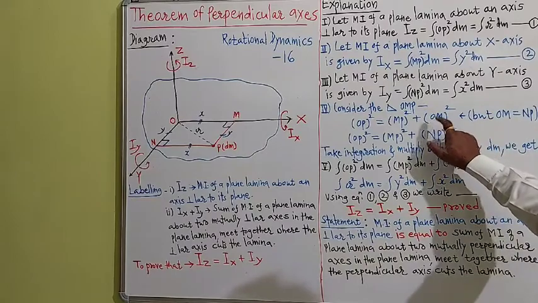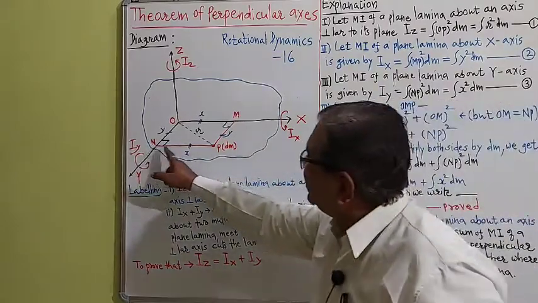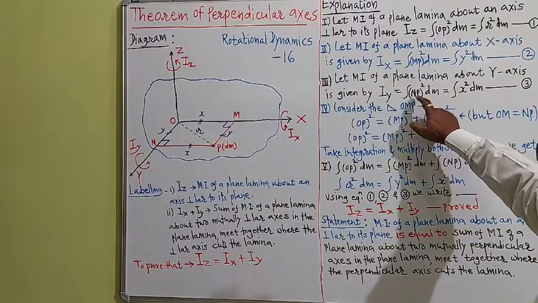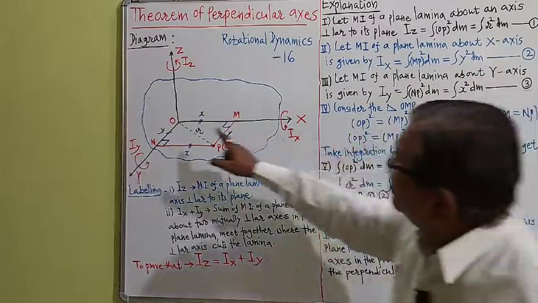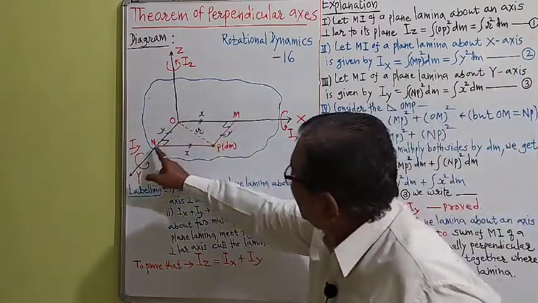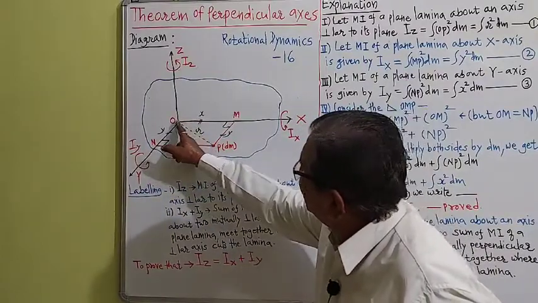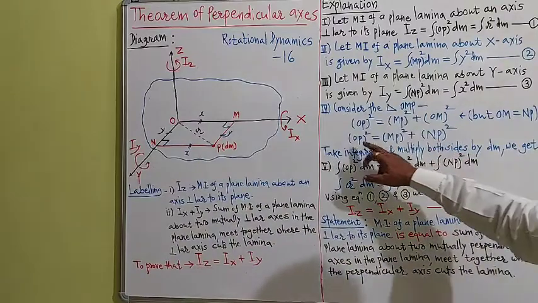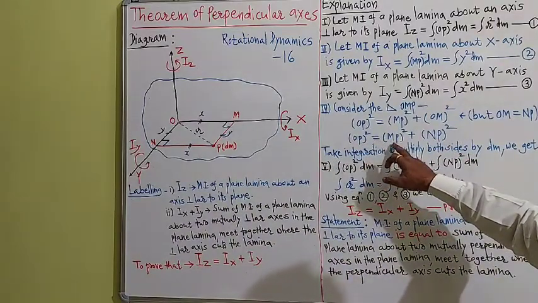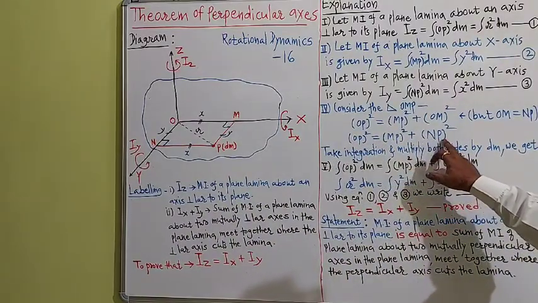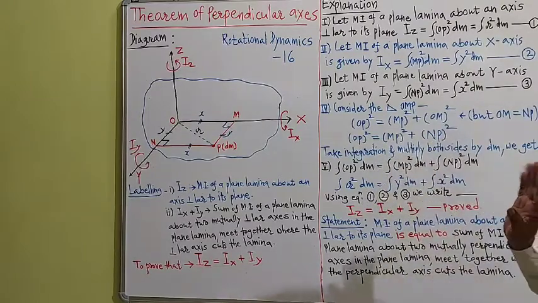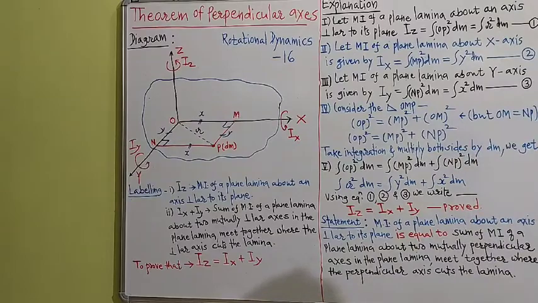But OM is equal to NP, because in our formula NP is coming. So instead of OM, I will write NP, because OM is equal to NP. So we get here OP square is equal to MP square plus MP square plus NP square, because OM is equal to NP.